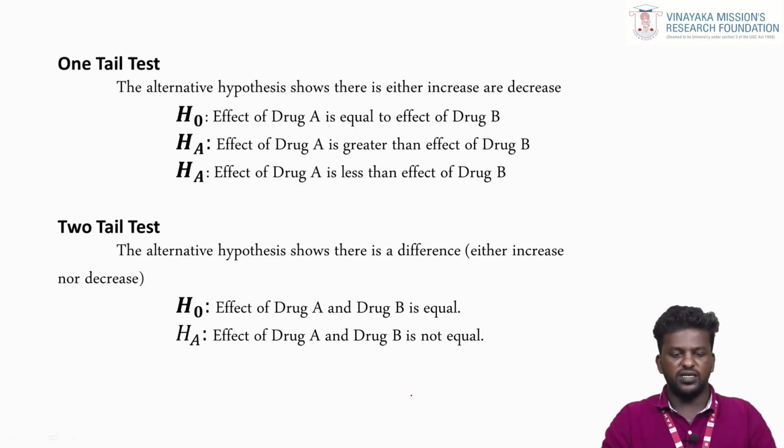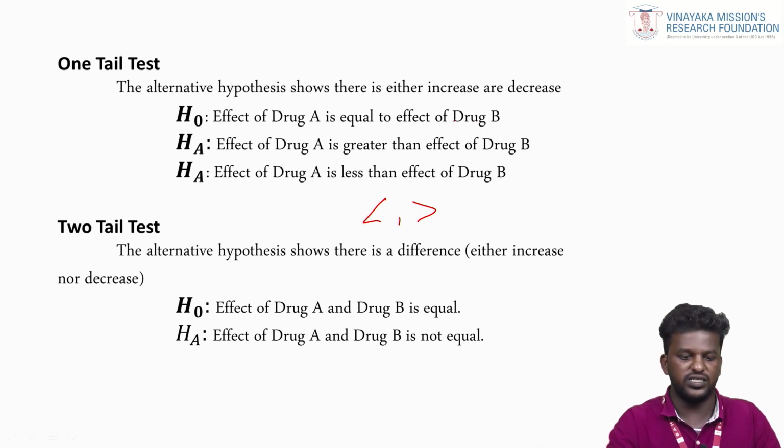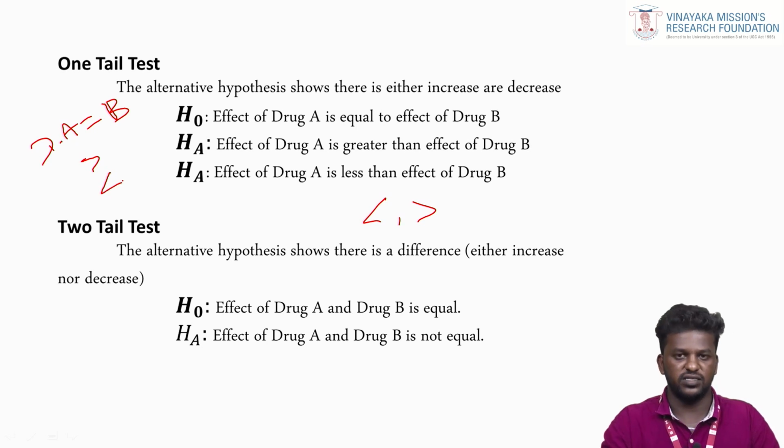So, one tail test and two tail test. One tail test means the alternative hypothesis may be an increase or decrease, like less than or greater than. Okay. For example, effect of drug A is equal to effect of drug B. So this shows that drug A effect equals drug B. One tail test means the alternative hypothesis may be greater than or less than, right?